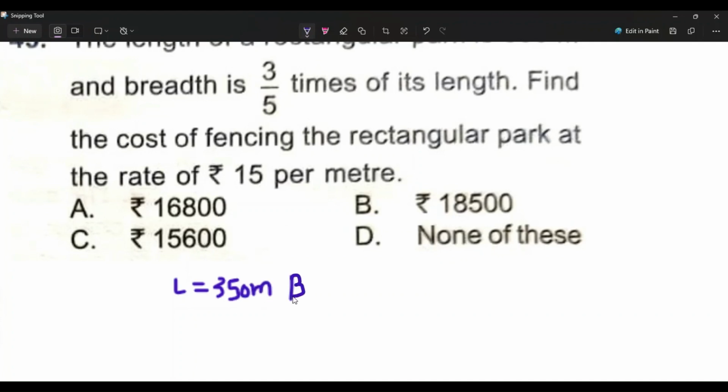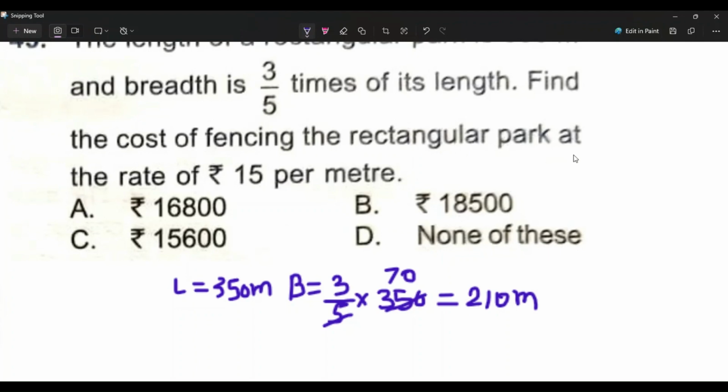Breadth is equal to 3/5 of its length. So 3/5 into 350. So 5 ones are 5. 5 sevens are 35. 5 zeros are 0. So breadth is equal to 70 into 3, 210 meters.